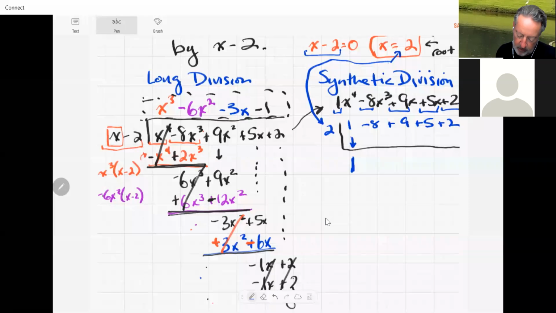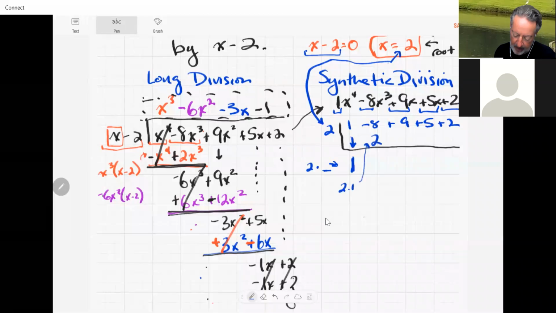Now what you're going to do is multiply this row. You're going to say 2 times whatever is in that row. This is a 1, so we take 2 times 1 and write it right there. That's a 2.